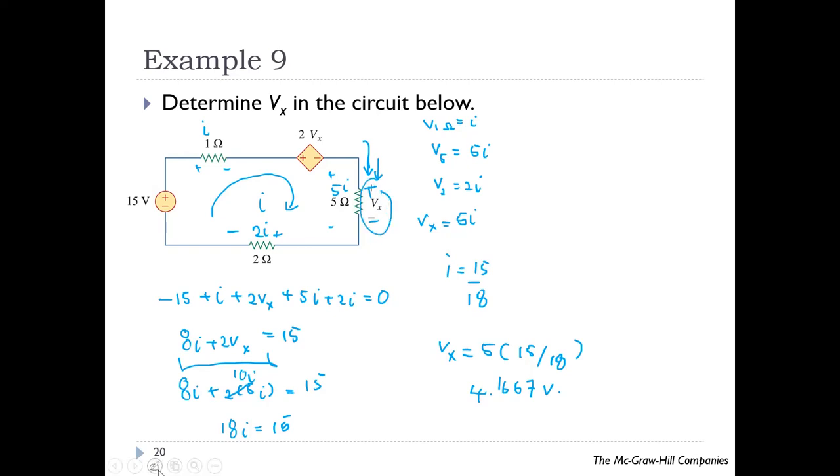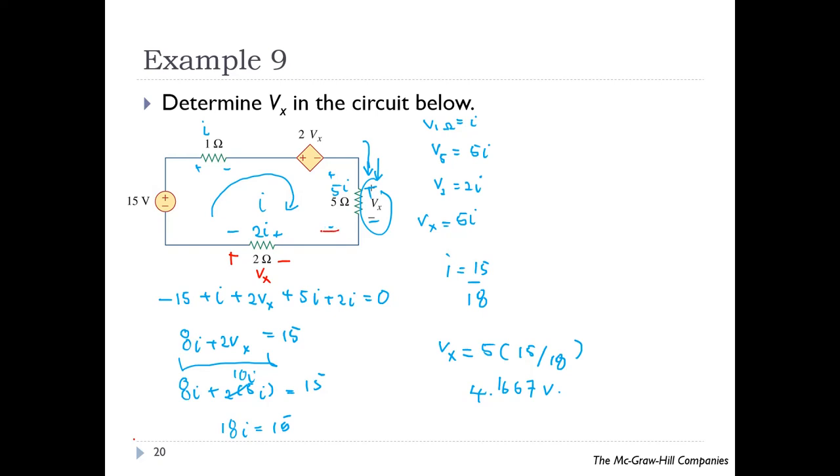What if I change the labeling, the location of the Vx? Okay, I want to label Vx here. Okay, so if Vx is labeled here instead of here, you check the direction of the current.